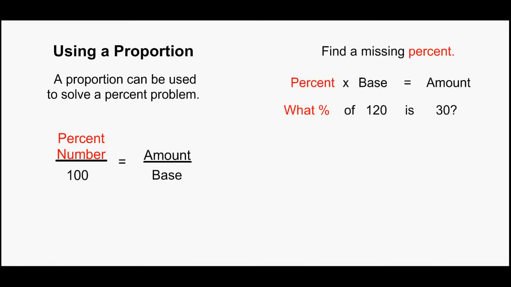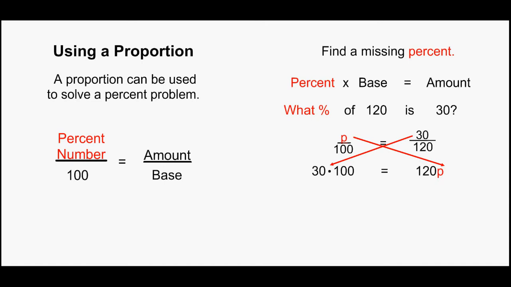Now, let's use a proportion to find a missing percent. What percent of 120 is 30? Let's fill in our information. P over 100, representing the missing percent, equals 30 over 120.